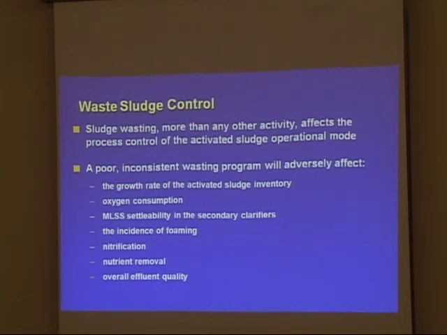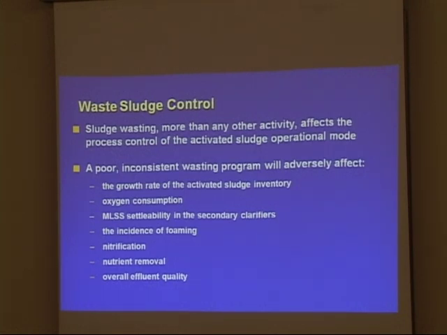Sludge wasting more than any other activity affects the process control of the activated sludge operational mode. You've got to get the SRT right for the process that you're employing. If you have too low of an SRT, you may not encourage the growth of the selective microorganisms that you need to perform nutrient removal.